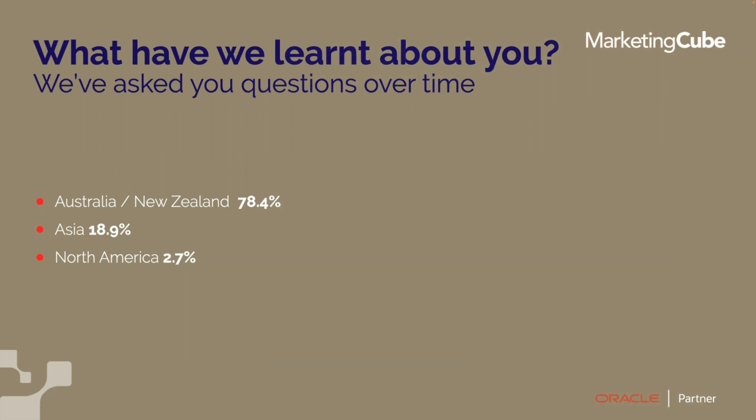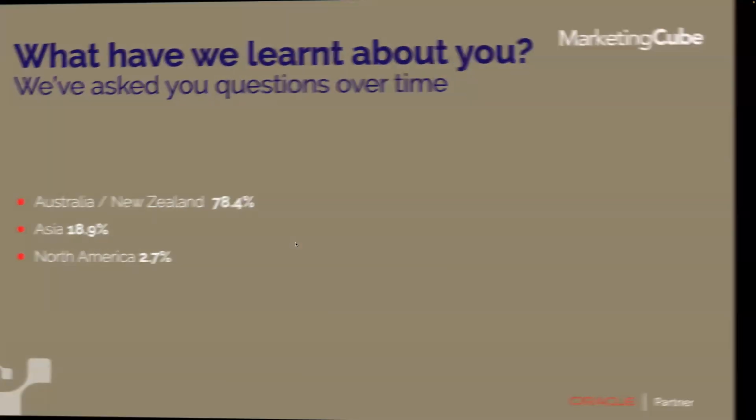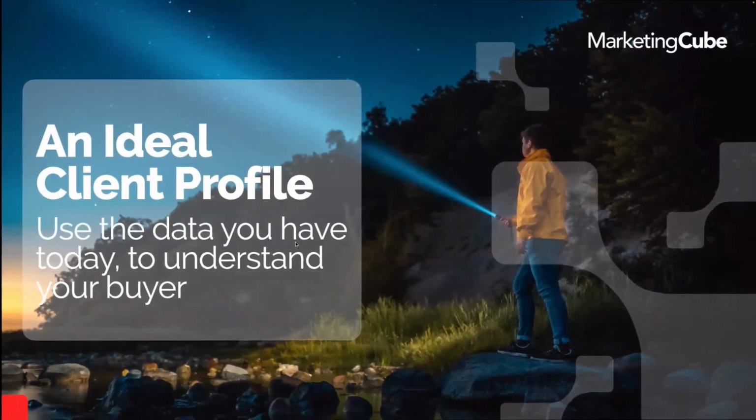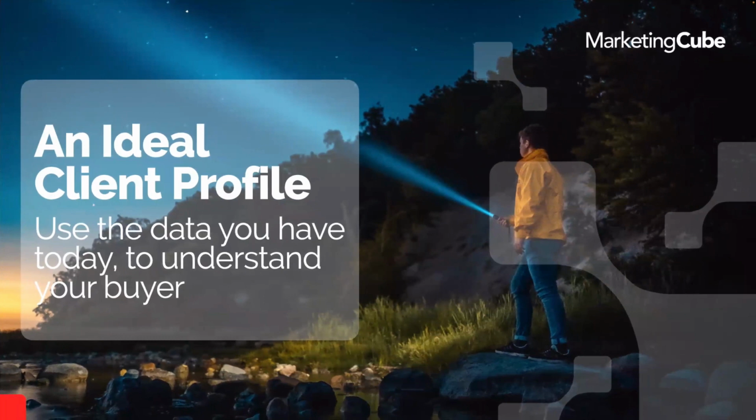No one registered from South America this month. In Asia there are multiple countries, but that represented about 18.9%. Then Australia and New Zealand, which is kind of home office for us, is the vast majority. That gives you an idea of how we're collecting information to help us better understand you and how we can better tailor the types of communications that we provide to you.